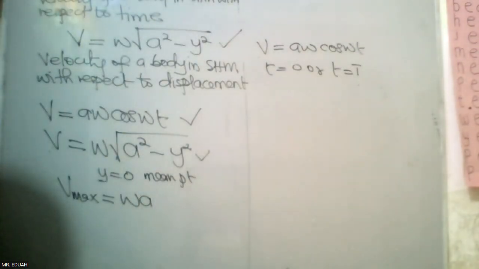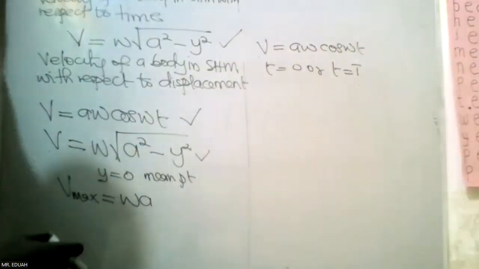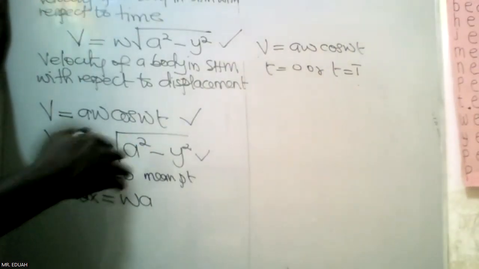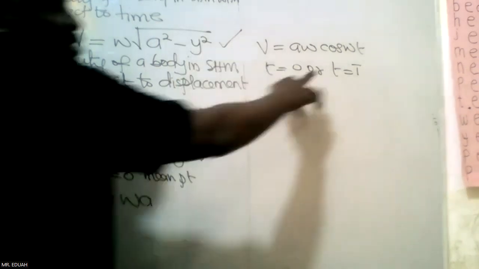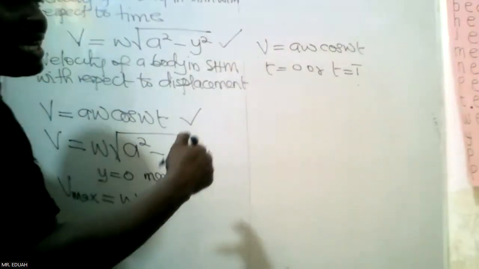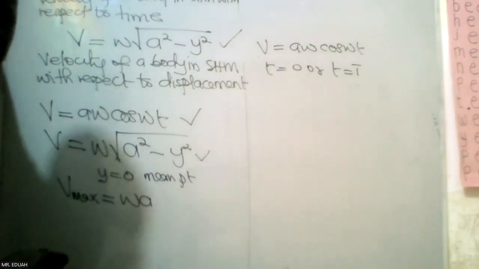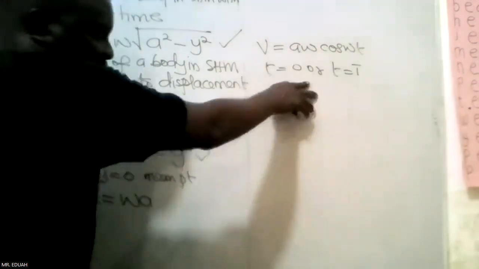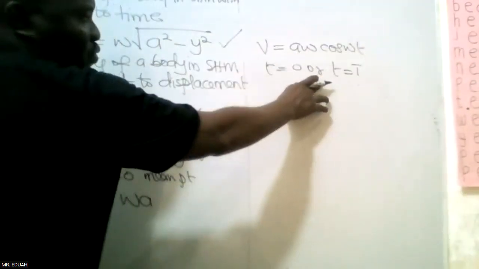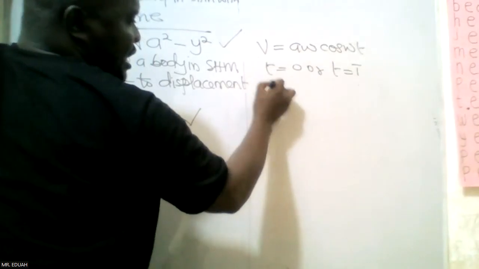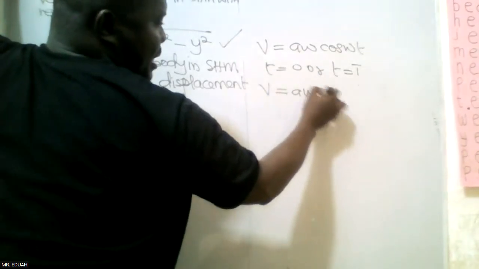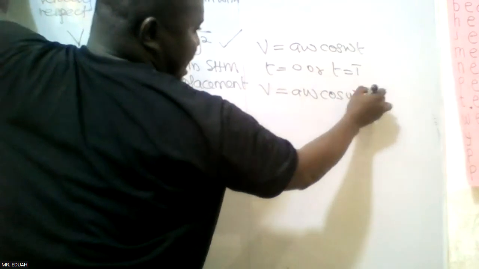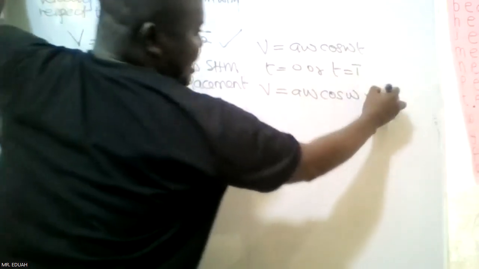At the midpoint, t is equal to 0 when the body is just about to start. t equal to the period is when it has made a complete oscillation from start to finish. So let's assume it is in motion. If t is equal to the period, v is equal to A omega cos omega times the time, which is the period, capital T.